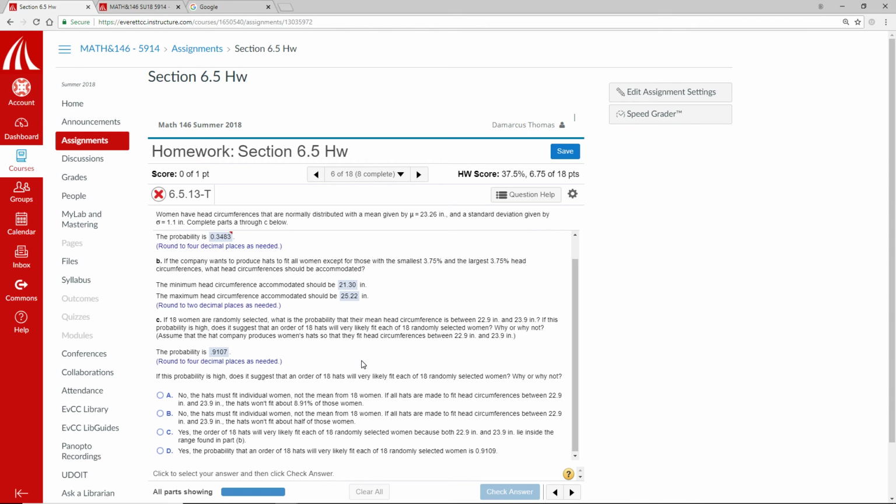If this probability is high, does it suggest that an order of 18 hats will very likely fit each of 18 randomly selected women? Why or why not? Well, the probability that it will is 0.91.